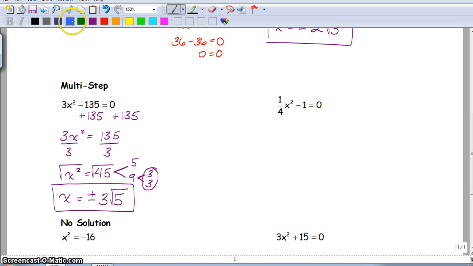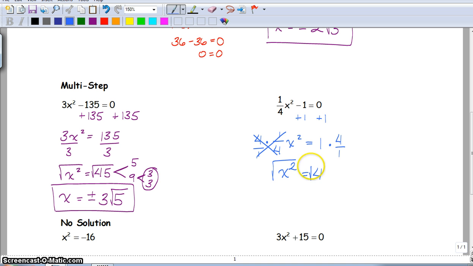For the second problem, again, you need to solve. Add 1 to both sides. So 1/4 x squared equals 1. In this case, since I'm multiplying by a fraction, I can get rid of it by multiplying both sides by the reciprocal. It cancels out, leaving me with a 1. So x squared equals 1 times 4 divided by 1, which is just 4.